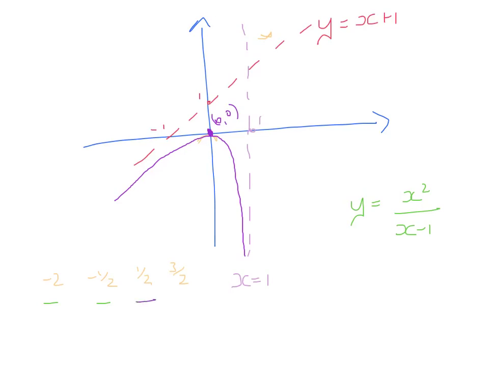When I put 3/2 in, I'm going to get 9/4 over positive, and positive over positive is going to give me positive. So in this area here, I need to be positive, so I need to be above this axis, which means I'm in here. I know I have a turning point there already. So I'm going to go something like this. Turning point is 2, 4, and that's me done.